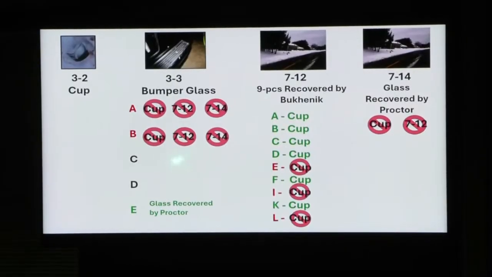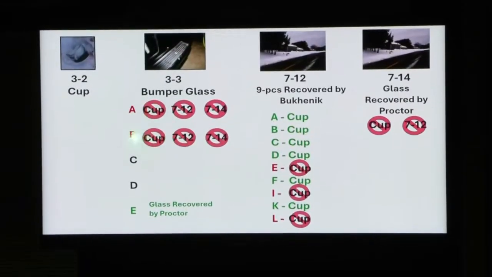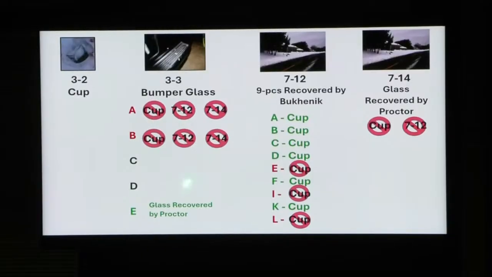Yes. 3-3 represents the 5 pieces of glass of what we call the bumper glass, A, B, C, D, and E, correct? Yes. 7-12 is the 9 pieces of glass recovered by Trooper Buchanan at 34 Fairview, correct? Yes. And finally, 7-14 is the single piece of glass recovered by Trooper Proctor, correct? Yes.